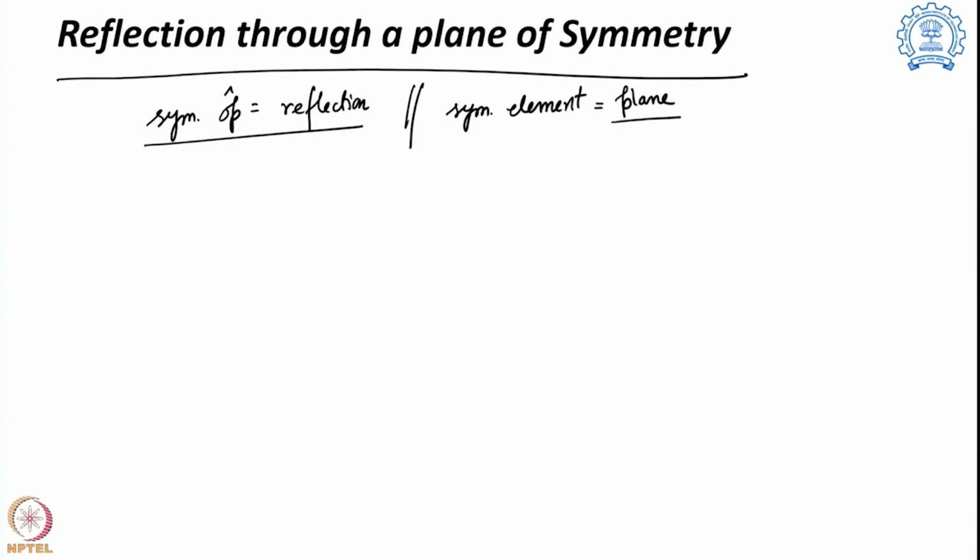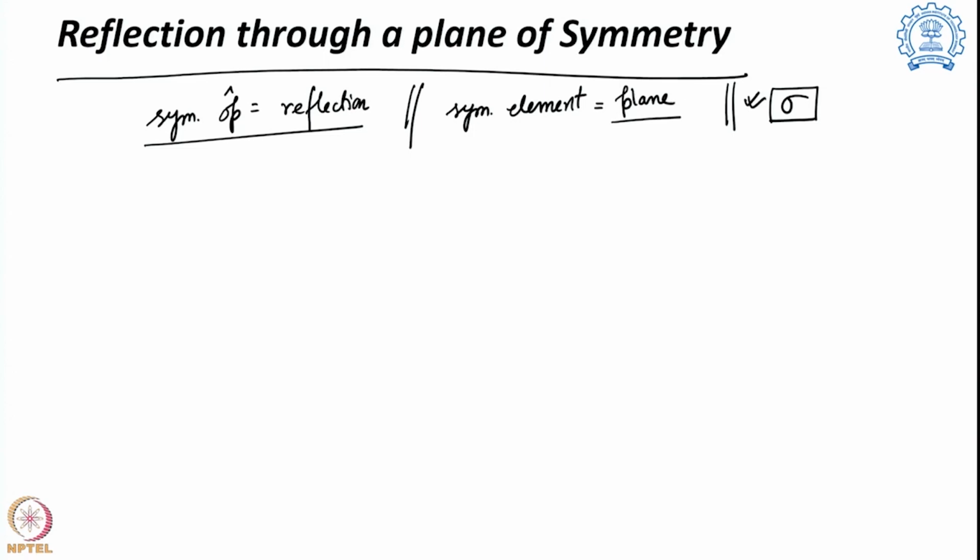That is how I differentiate a symmetry operation from a symmetry element: a reflection around a plane. And this is defined by the term sigma. So, if you say sigma, I am talking about a plane of symmetry.